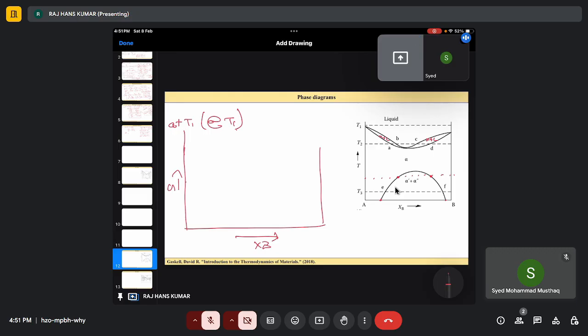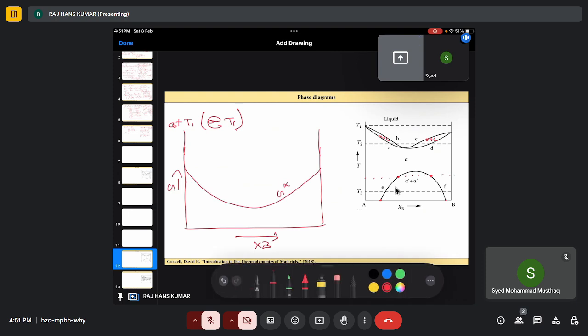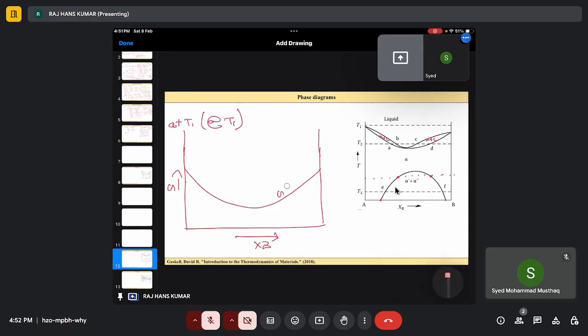Let me extend this. So, liquid is more stable. No, it is GL, right? So, yeah, that is GL. Now, G alpha will be here.